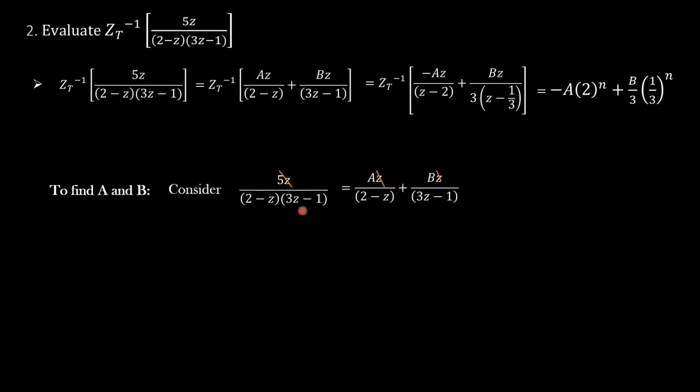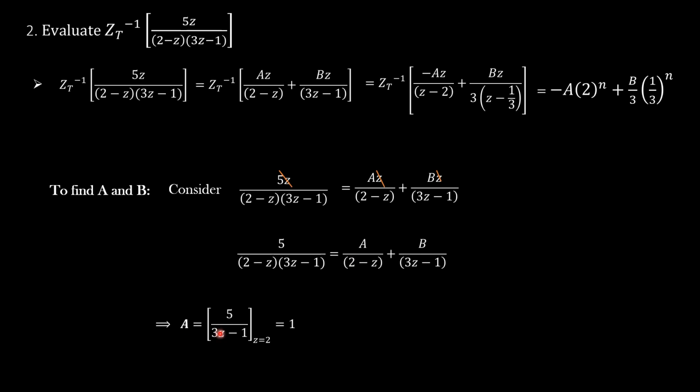Cancel z on both the sides, so that you will get 5 divided by (2 minus z)(3z minus 1), which is equal to A divided by (2 minus z) plus B divided by (3z minus 1), which implies A is equal to 5 divided by (3z minus 1). Now substitute z is equal to 2. Therefore, A is equal to 1.